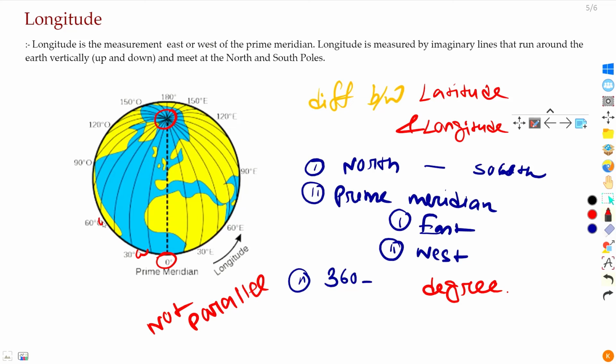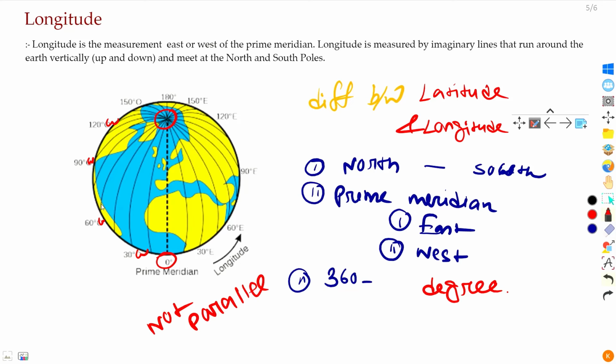This is west. So from this prime meridian, if we go towards the east side, the values are 15 degree, 30 degree, 45 degree, 60 degree to 180 degree east. And if we go towards the west side, it's also 15 degree, 30 degree, 45 degree, 60 degree west till 180 degree. Okay, I hope you all understand the whole latitude and longitude portion.